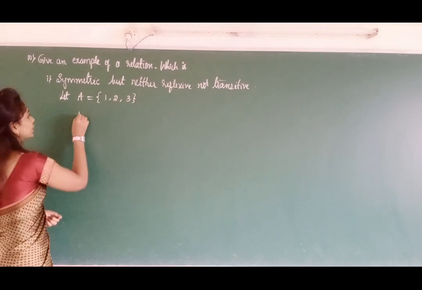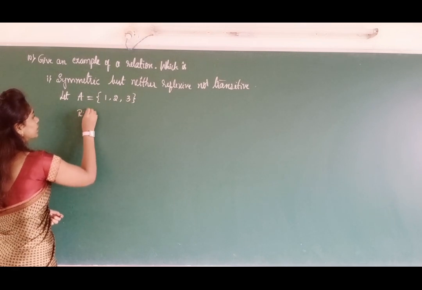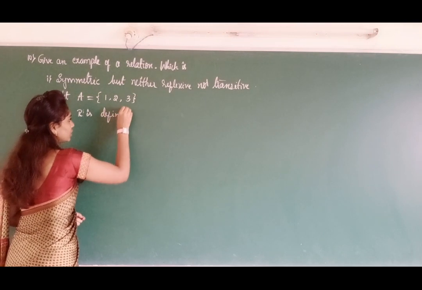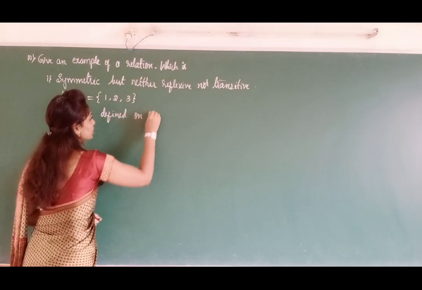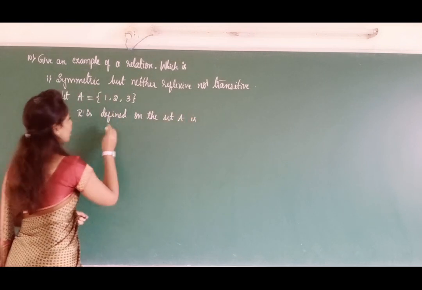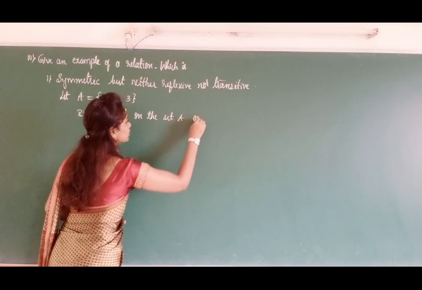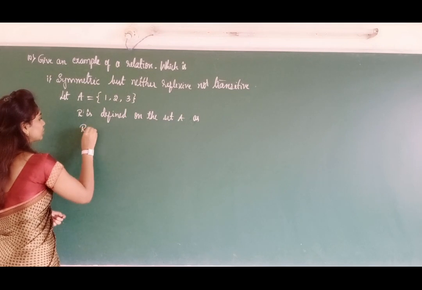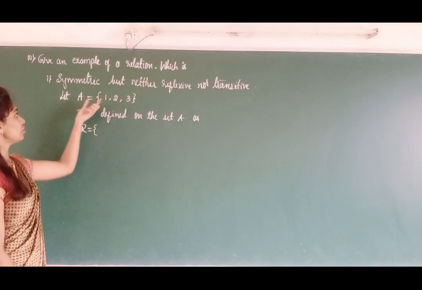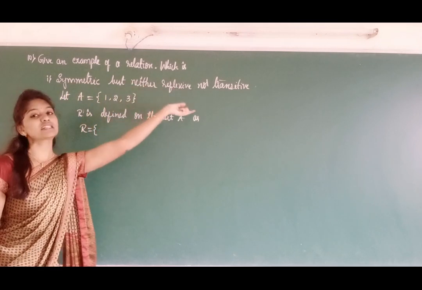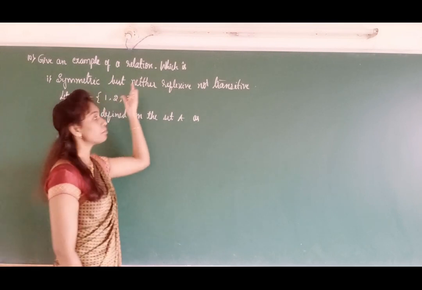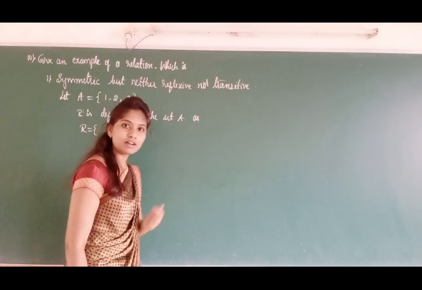And the relation R is defined on the set A. The given relation is symmetric but neither reflexive nor transitive. We have to give an example that is symmetric but neither reflexive nor transitive.